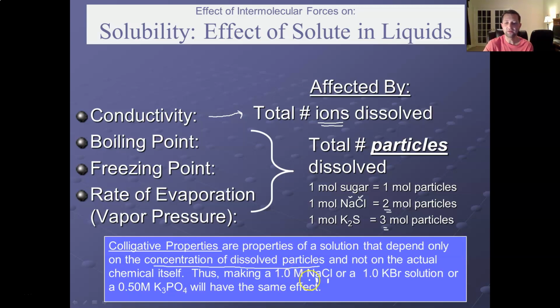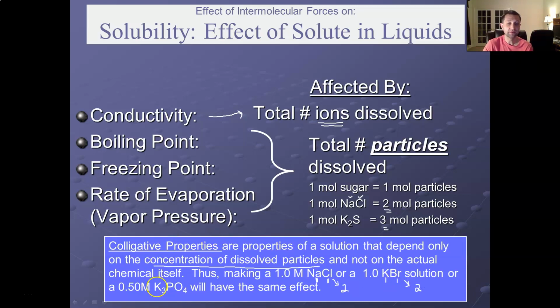So 1 mole of Na+ per liter, 1 mole of Cl- per liter gives you a total of 2 moles of dissolved particles. KBr is the same way. In 1 molar KBr, you have 1 mole of potassium, 1 mole of bromide. So you get 2 particles again.